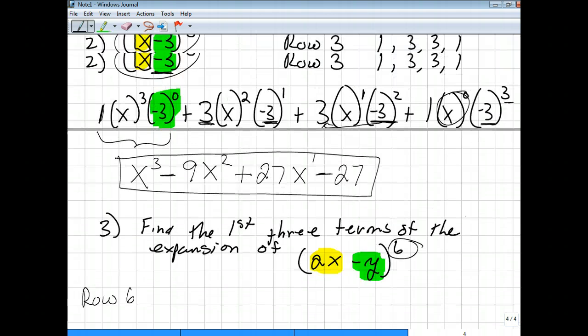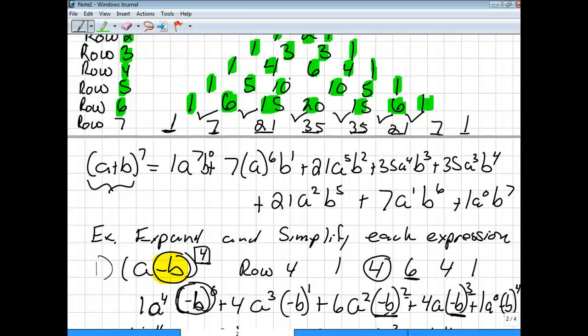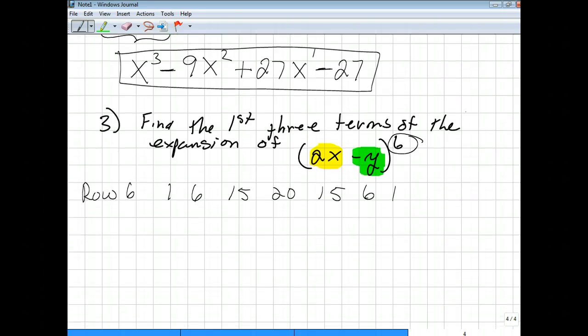So we go back up to Pascal's triangle, and row 6 is 1, 6, 15, 20, 15, 6, 1. Also notice that this is symmetric. It goes up to 20 and then comes back down with the exact same numbers. Okay? So I only want the first 3 terms.